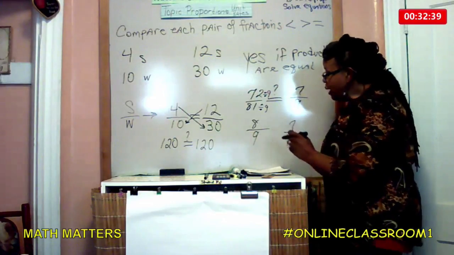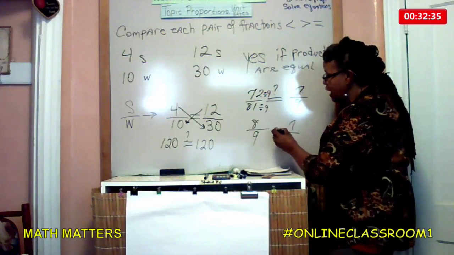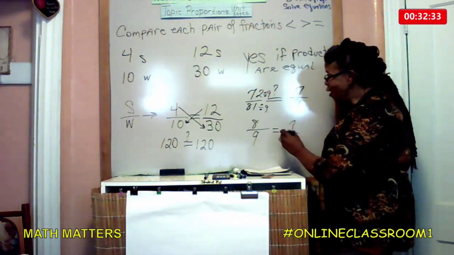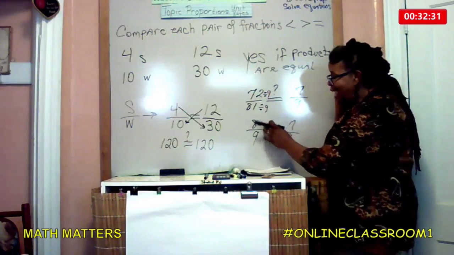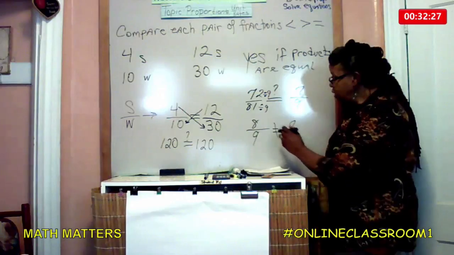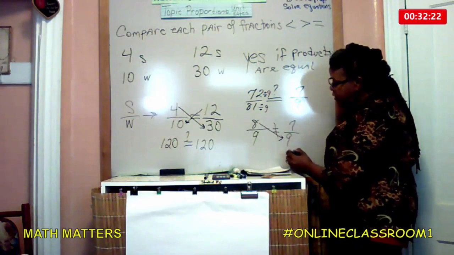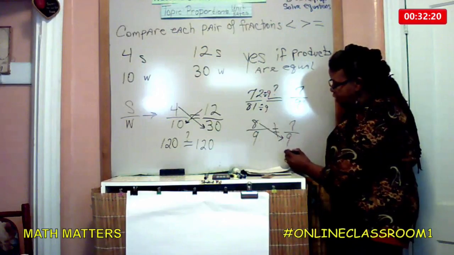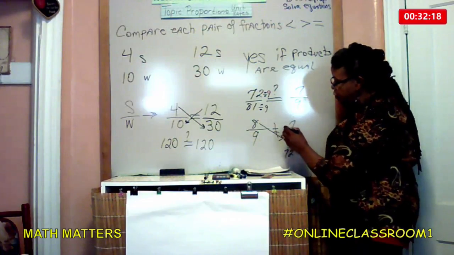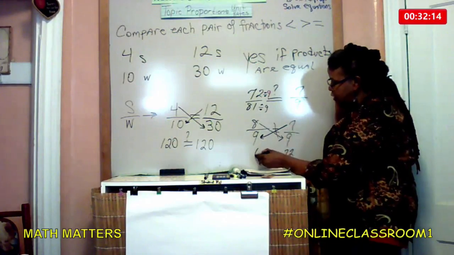So, do we have a proportion? Are they equal? No, I don't think so. 8/9 does not equal 7/9. If you don't believe it, cross multiply and find out. 8 times 9 is 72, and 9 times 7 is 63.